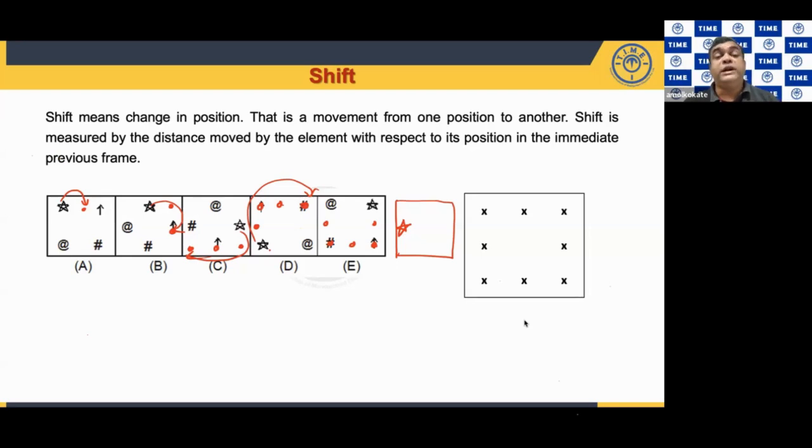Now, can you see the movements of the other elements also? They follow the same pattern. Can you observe the movement of the at the rate symbol? It follows the same pattern.